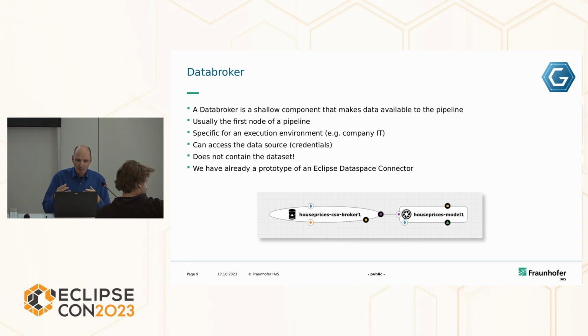So it is, in many cases, environment specific, for a company or for a certain HPC system, because it could contain credentials to access a database or a network file system and so on. And there's also a prototype available for an Eclipse data space connector for international data spaces.